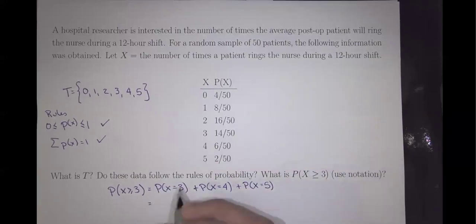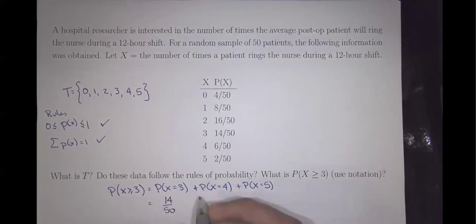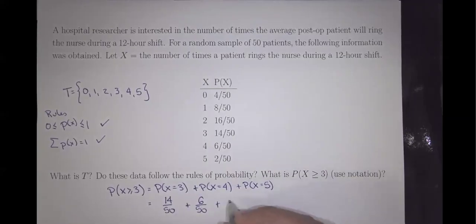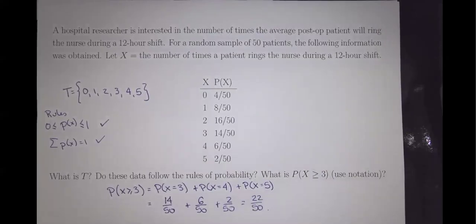So here we've got 14 out of 50 plus 6 out of 50 plus 2 out of 50, which is 22 out of 50. And so the probability that X is greater than or equal to 3 is 22 over 50.